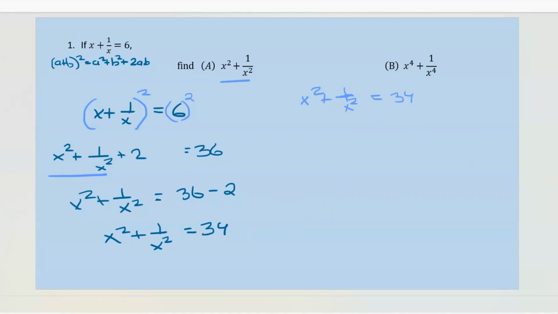Now to get x to exponent of 4 plus 1 over x to exponent of 4, we're going to whole square both sides.